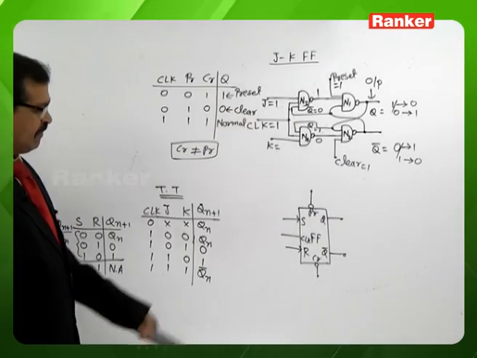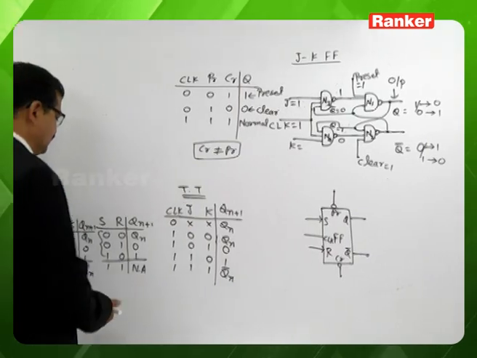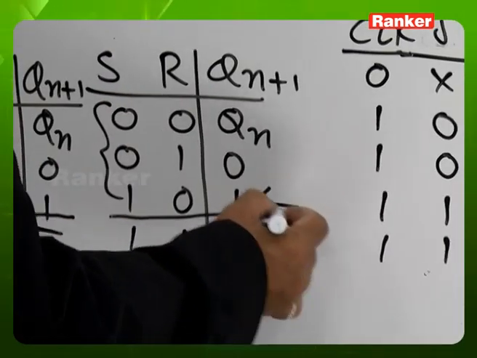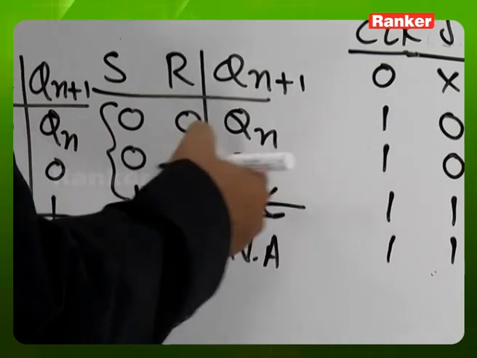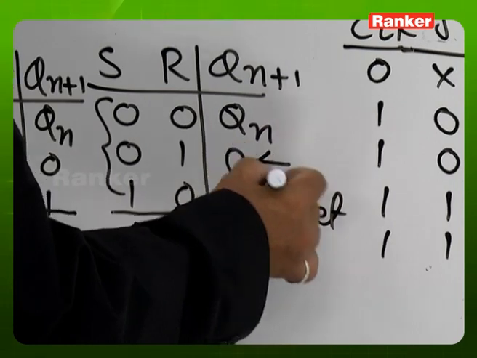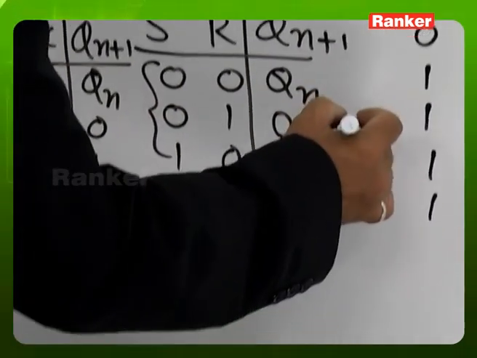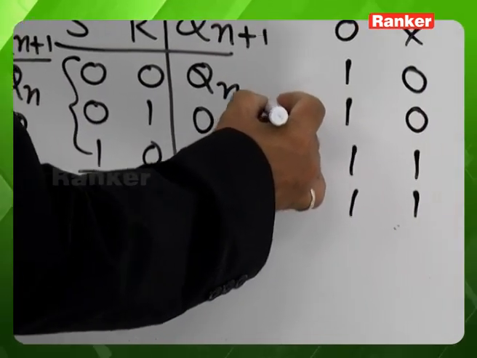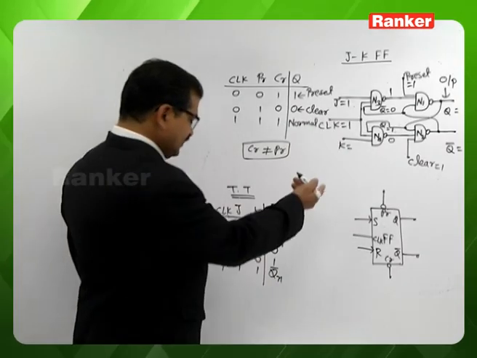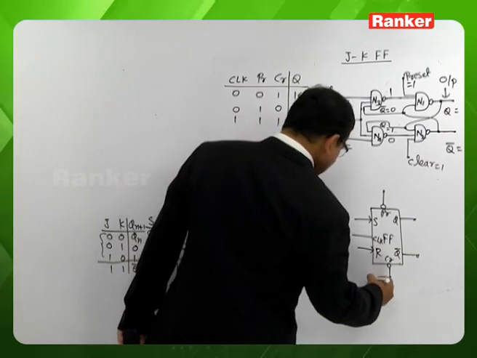This is the SR flip-flop representation. Of course, we name it the SR flip-flop because whenever S is 1 and R is 0, the flip-flop output is 1. This operation we name as the set operation. Whenever S is 0 and R is 1, the flip-flop output is 0, which we name as the reset operation. So basically, it is named as the set-reset flip-flop.